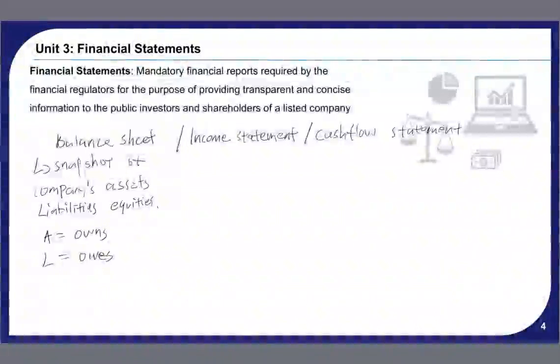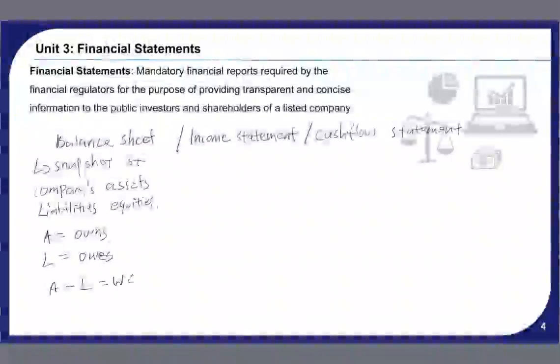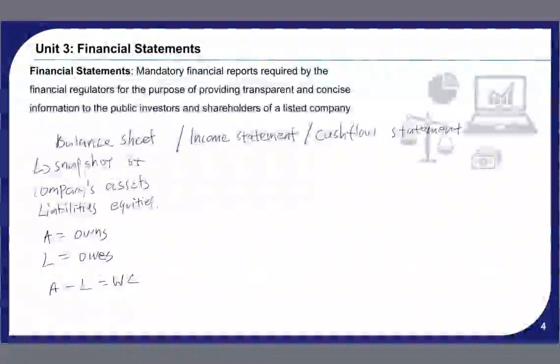If you take the total assets and subtract total liabilities, you get this thing called working capital. So what does this mean? Let's say you use all of your assets to pay off all of your liabilities, the things you owe to banks or companies or whatever.